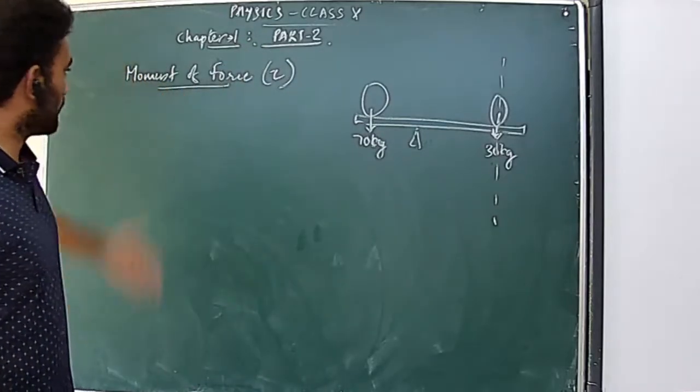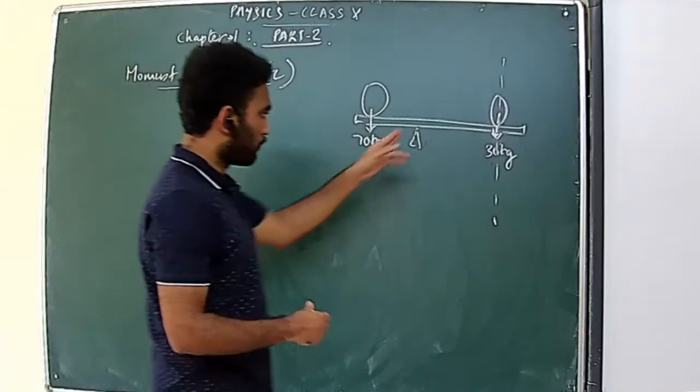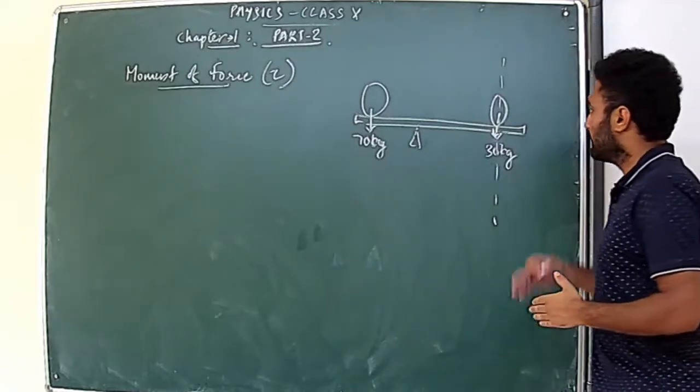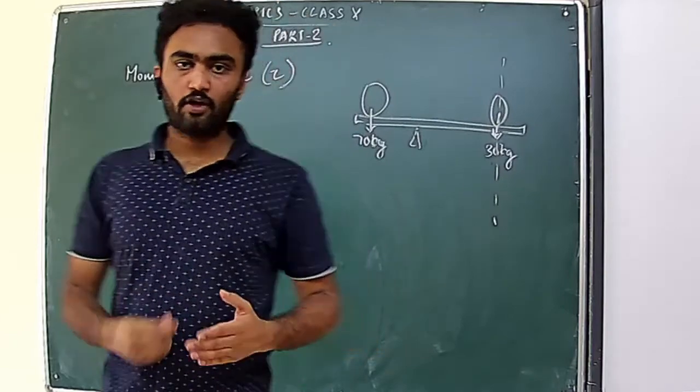That is the principle that comes in the moment of force concept. In order to rotate a body around a point or a fixed axis, you have to apply a force such that the line of action of the force does not pass through the fixed point or the axis.